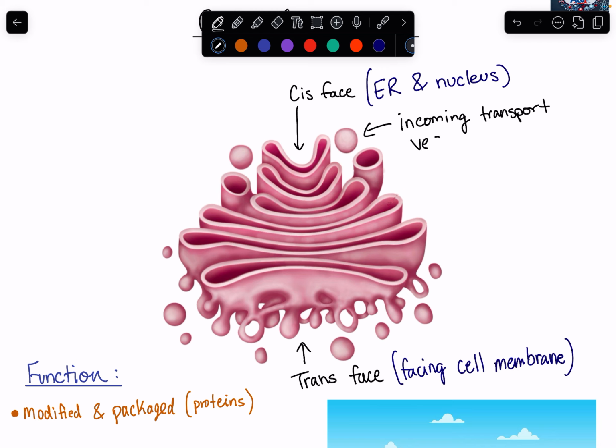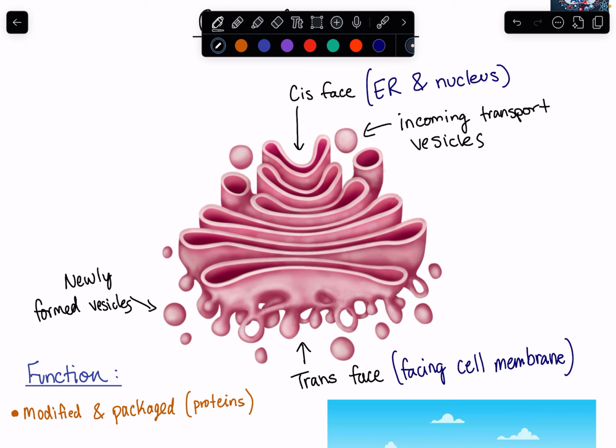And the ones near the trans face, like this one, are newly formed or forming vesicles. And we could say that these are newly forming. They haven't completely formed just yet. So that is a very, very overview anatomy depiction.